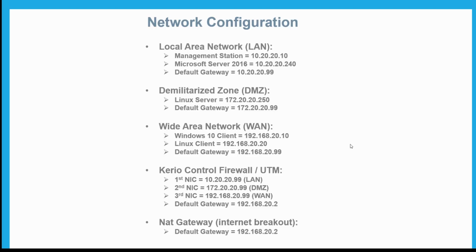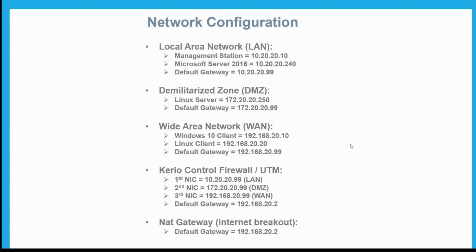So the firewall itself will have three network interface cards. So the first network interface card, as evident in the previous video, belongs to the local area network. So we will have to assign a static IP of 10.20.20.99. And then the second network interface card that belongs to the DMZ will have an IP address of 172.20.20.99.